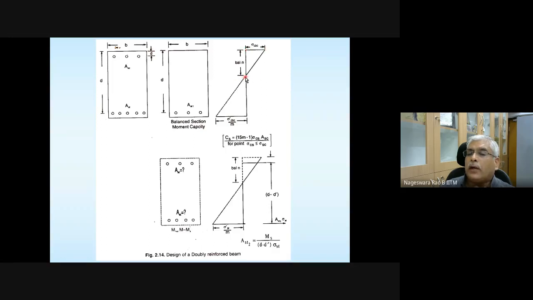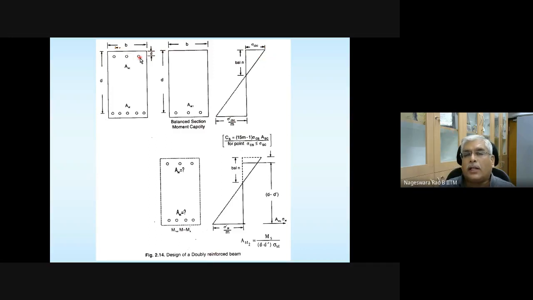Stress is varying from 0 here, and stress here is the permissible stress in concrete, which is sigma CBC. What is the stress at the level of compression steel? That you can easily find from this linear variation. Okay, it's going to be sigma.